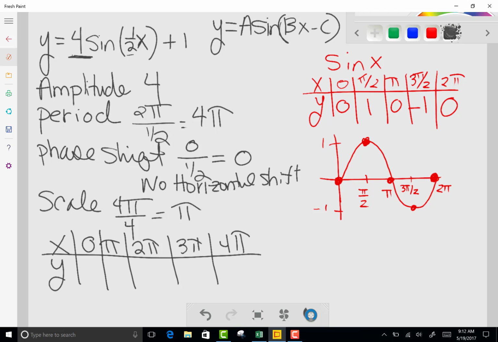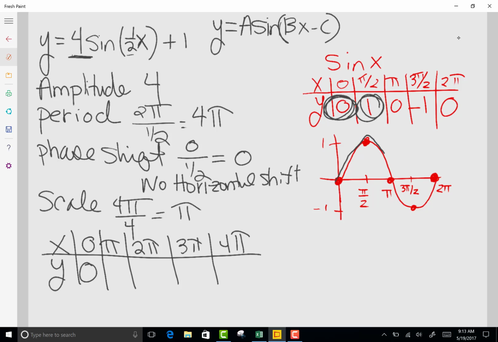Now, since there's no reflection, we would start at 0, then we go to our maximum point for sine for the mother function. You start at 0, you come up to your maximum point, then you come down to your minimum and back up to 0 again.